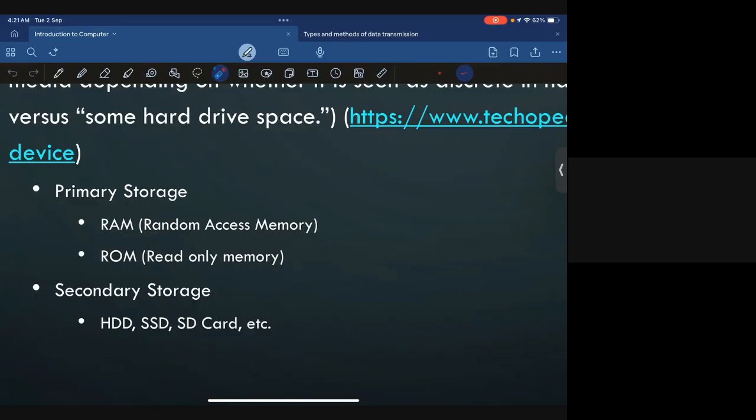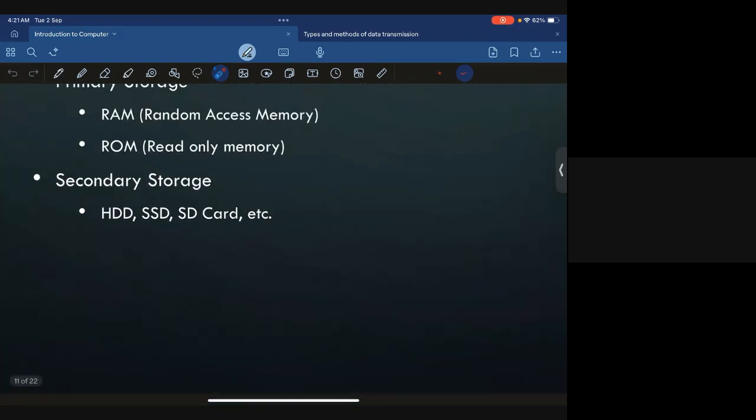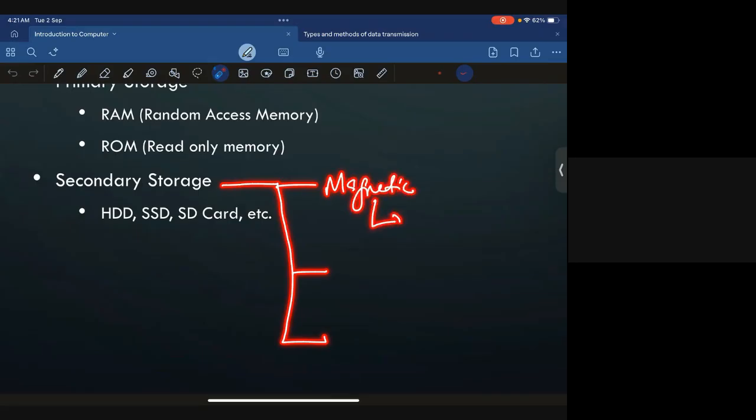Then we have our data. So where do we store our data? It's stored in the secondary storage. Generally, for secondary storage, we categorize based on technology. So we have three different types of technologies. We have the magnetic technology. The example for this is the hard disk, hard drive, or hard disk drive. Same thing, three different names.